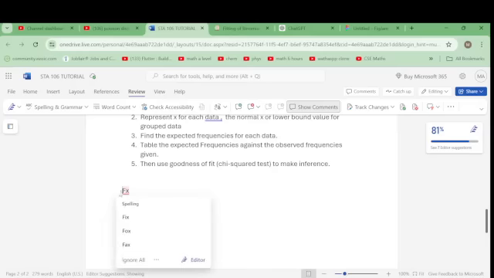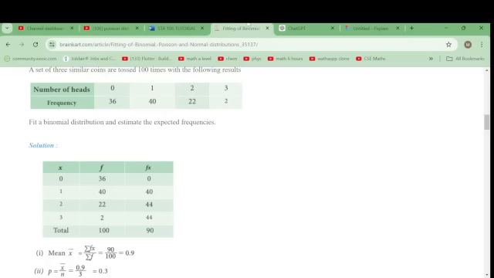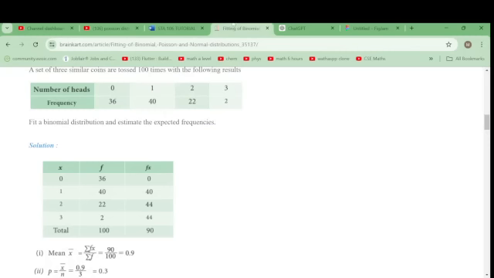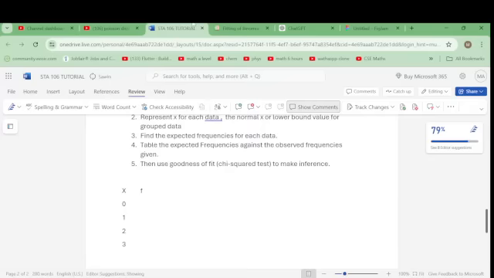Let me just write the whole table here instead of going to that place. I will copy this. This is our x. What's our x? 0 1 2 3. And our f is what? 36, 40.